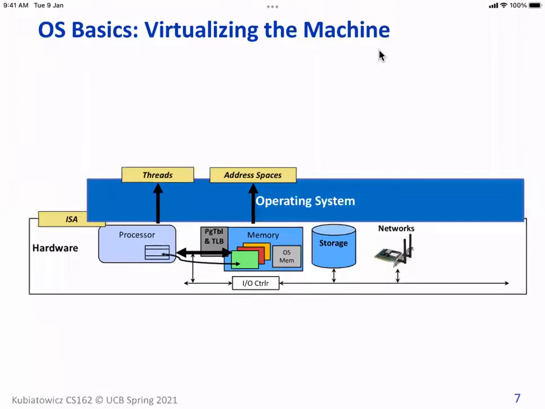A user may not know anything about the processor, right? But the user program will do computation, and this computation is done by the process, right? So the user knows only about the process or thread. That's one major abstraction. So the user may think there are multiple processors inside corresponding to multiple processes.